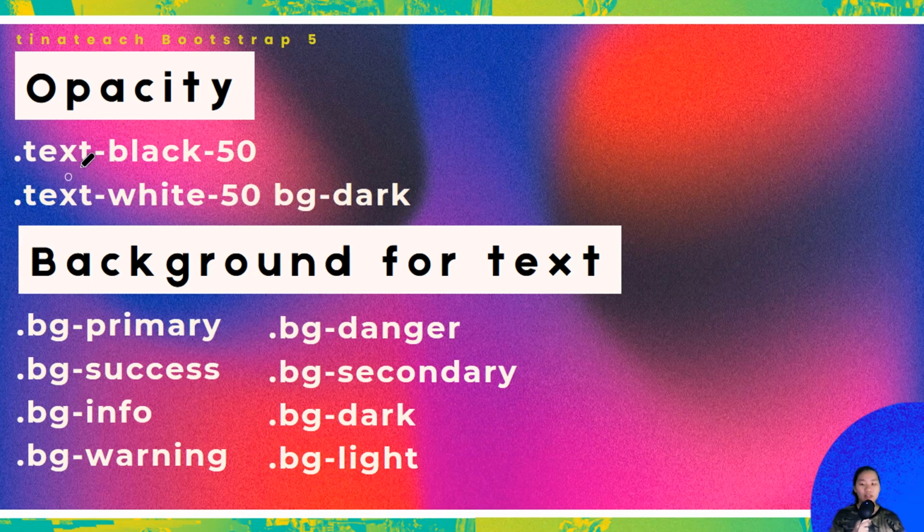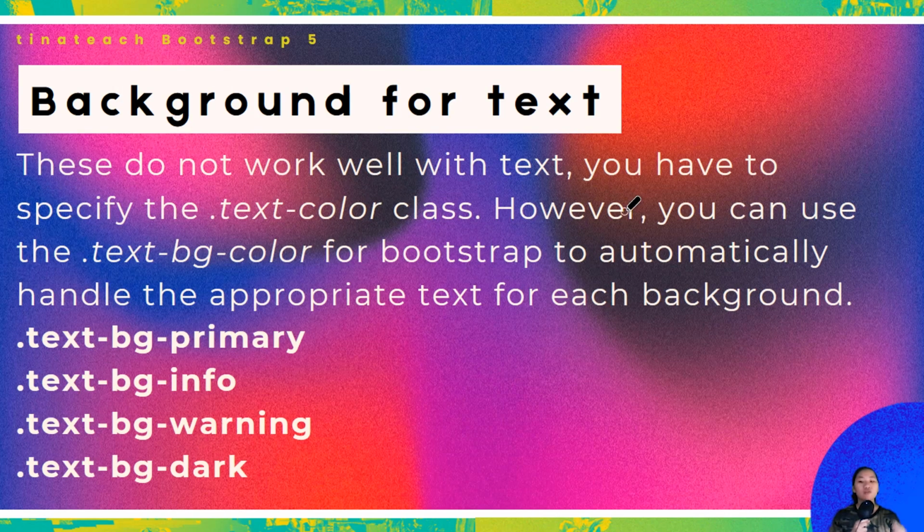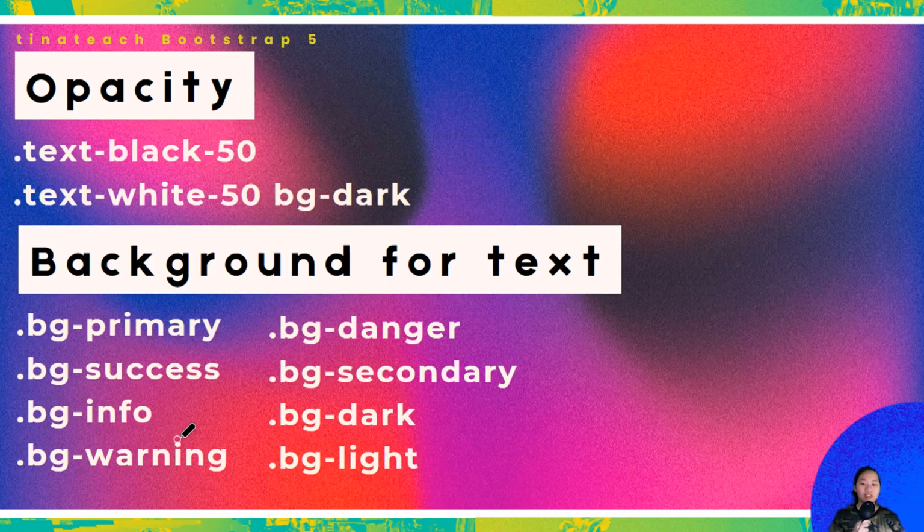You have to specify text-white and then bg-dark. However, you can do this format, the syntax right here, text-bg-color or text-bg, success, info, warning, light, dark. The color is just a placeholder for these things in the back.